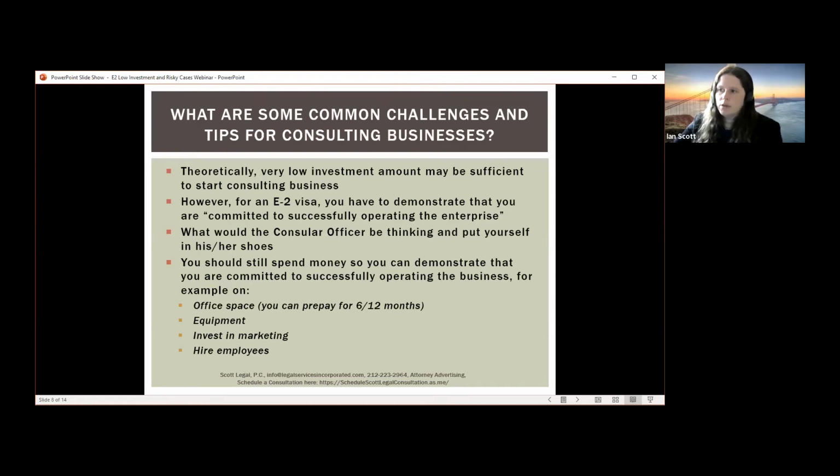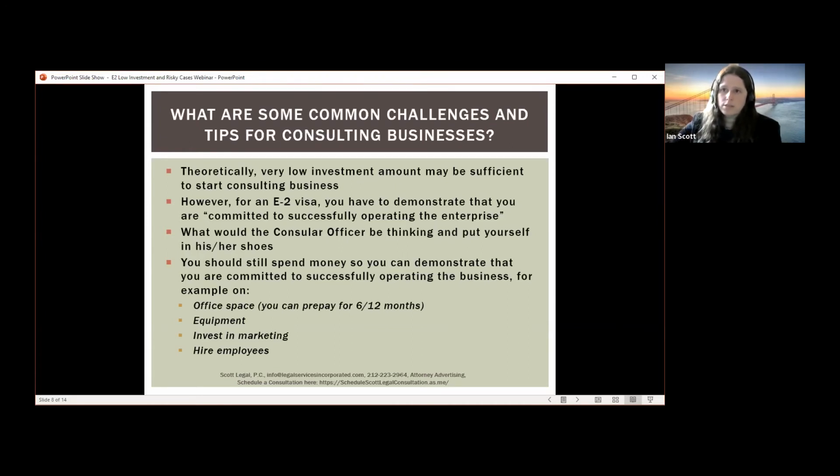Ultimately, the E-2 visa is an investor visa. So there is no way to get around the fact that you do have to invest some money to get this visa. Even though hypothetically you could start off your consulting business spending almost nothing, for the visa you need to make expenditures.